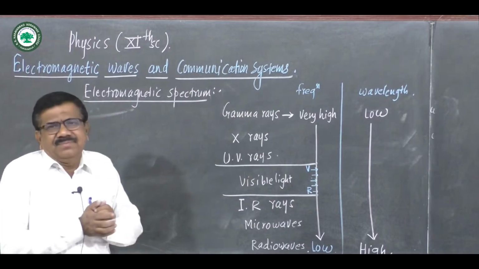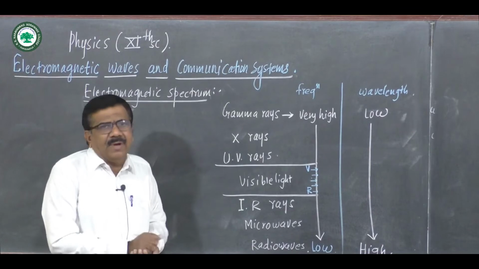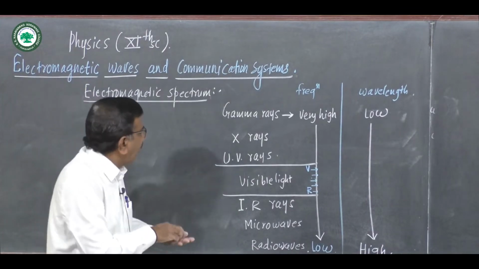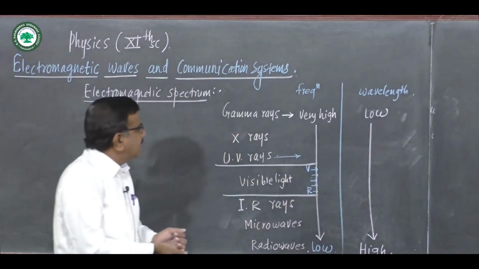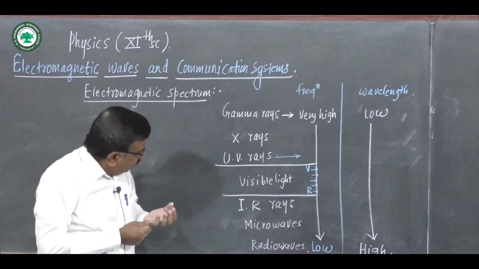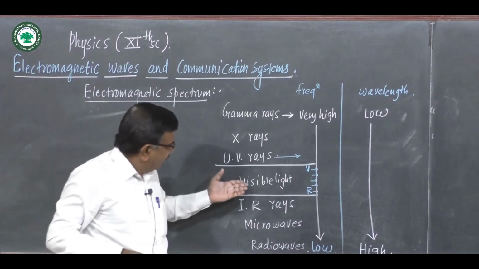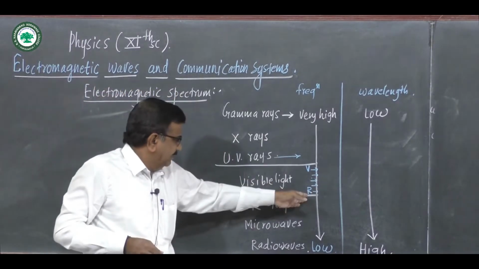The spectrum or the electromagnetic waves having wavelength less than violet is ultraviolet. Wavelength greater than red is infrared.